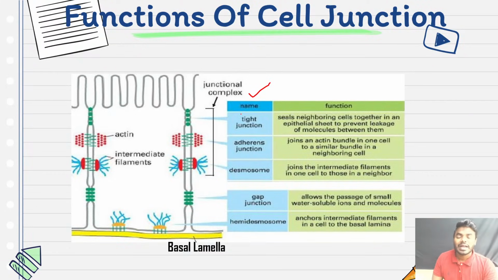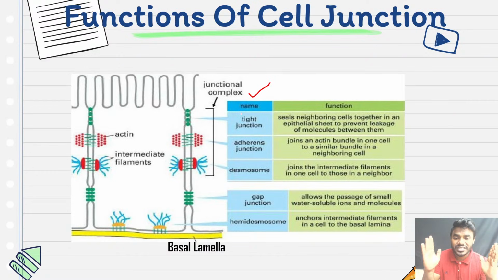Everyone look into this tight junction. Friends, one very important point you have to remember. When I use the word tight junction, always keep in mind: can a tight junction allow liquid molecules easily? No. Why am I highlighting this point? See, this is one cell and this is another cell.